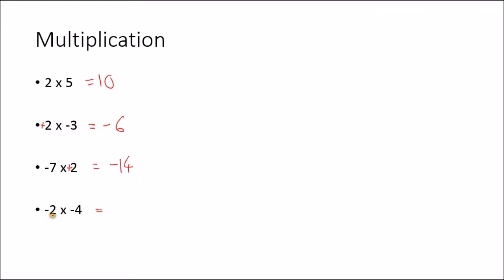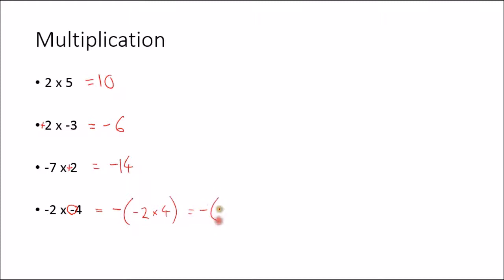Now let's have a look at this one here. Well, -2 is 2 places to the left, and if we were doing that 4 times, we would have a total of -8 down to the left, but we have another minus sign here. Now we could write this in a lot of different ways. One way we could do this is to say that it's the same as -2 times 4.